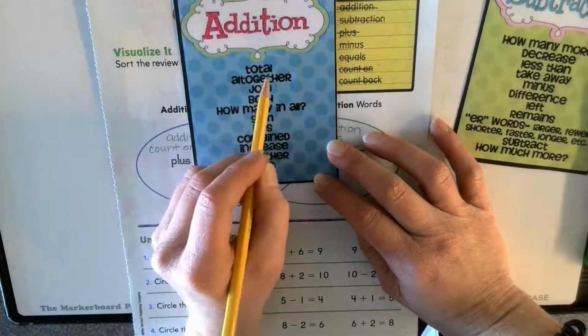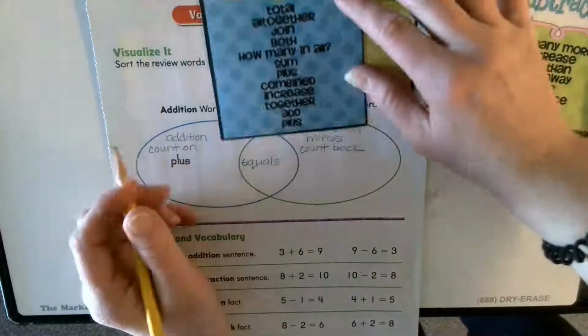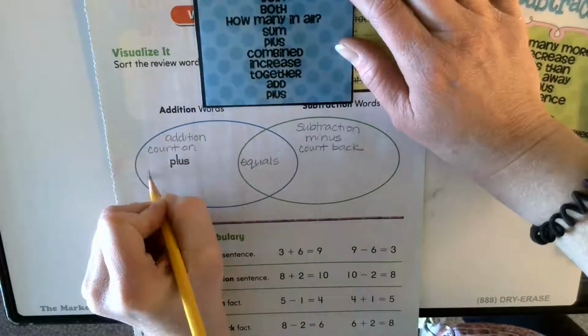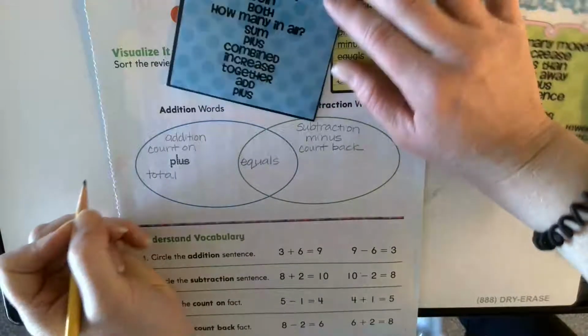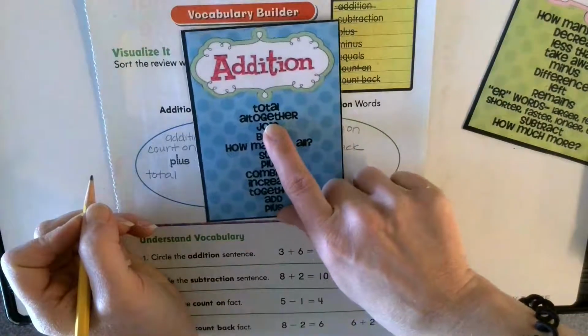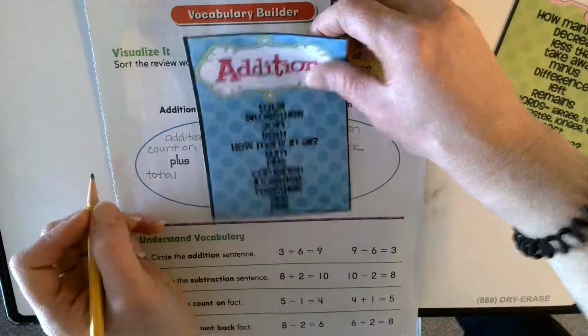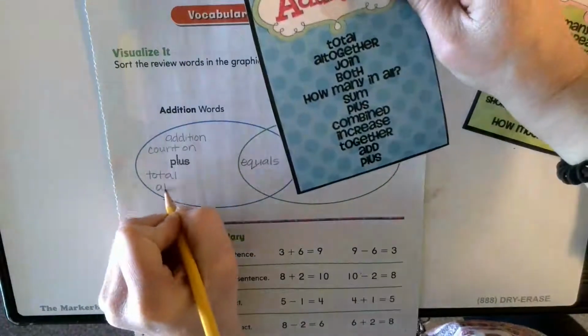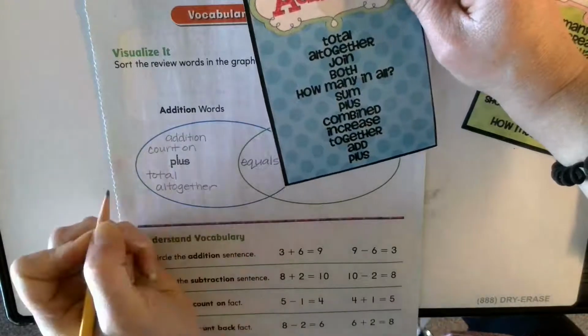So if I see total, I know I'm going to be adding, so we're going to add total to our addition words. If I see the word altogether, I also know I'm going to be adding, so I'm going to write altogether on my Venn diagram.